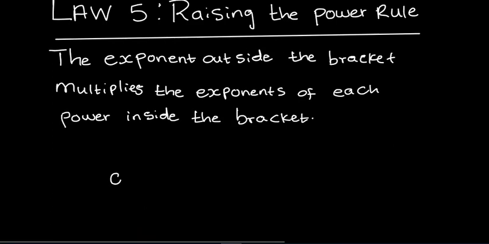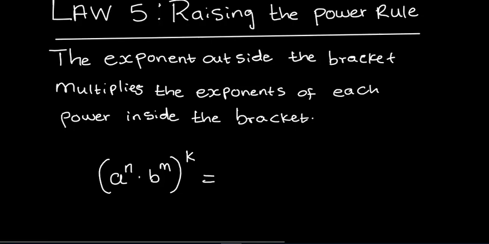It means that if you've got some number a with an exponent n, and also some number b multiplying, maybe with an exponent of m, and then outside the bracket you have some exponent of, for example, k, then that exponent is going to multiply the exponent of each power inside.